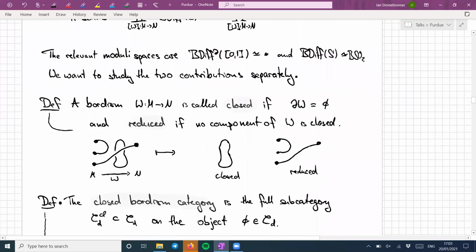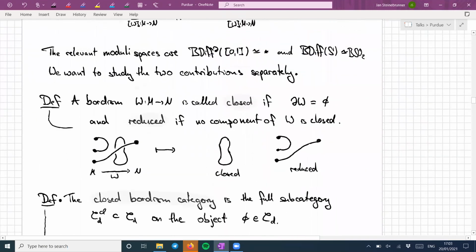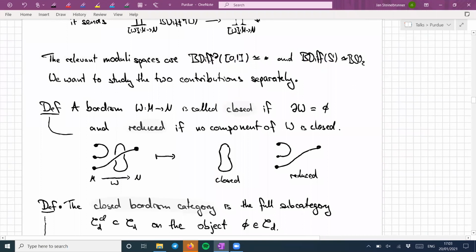Okay, so I just decompose all bordisms, and the way I do that works in any dimension. I call a bordism closed if it's a closed manifold. So if its boundary is empty, that means M and N were already empty manifolds, and W is just a closed manifold.